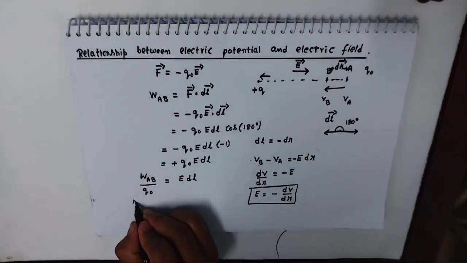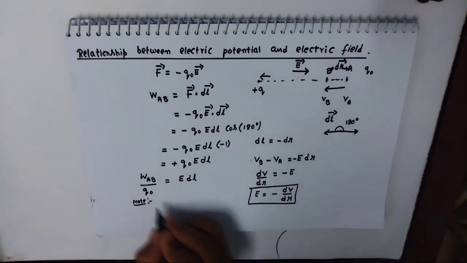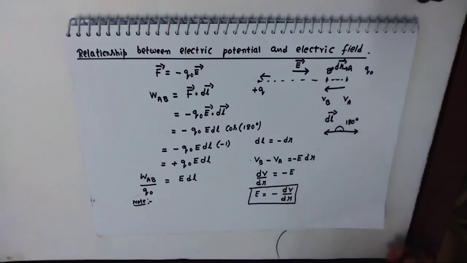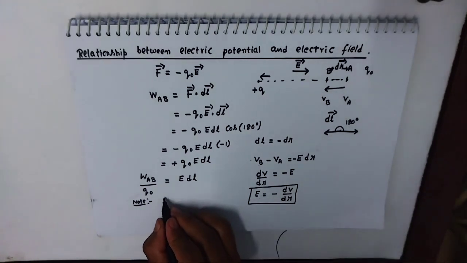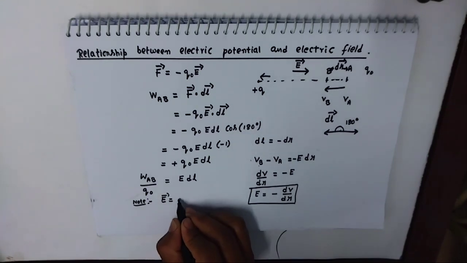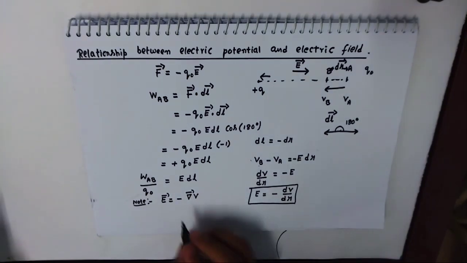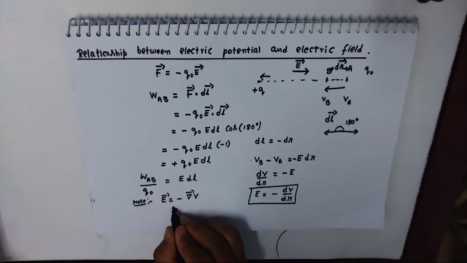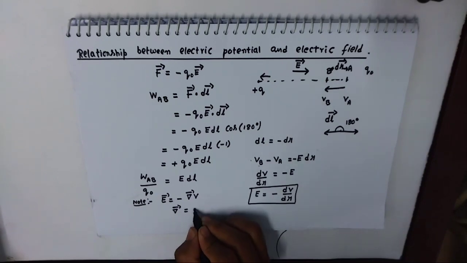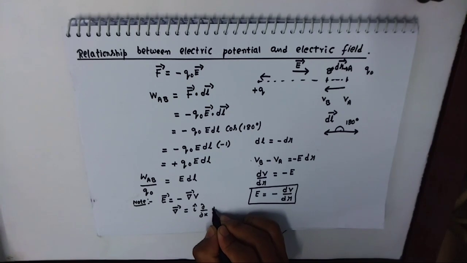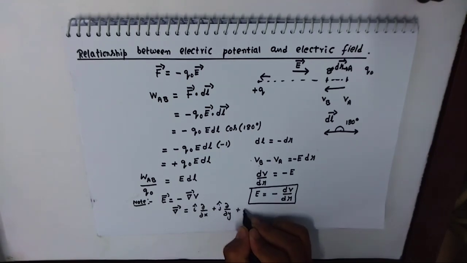It should be noted that if you want to express this in vector form, we can write E is equal to minus grad of V. Here, this symbol is equal to i del del x plus j del del y plus k del del z.